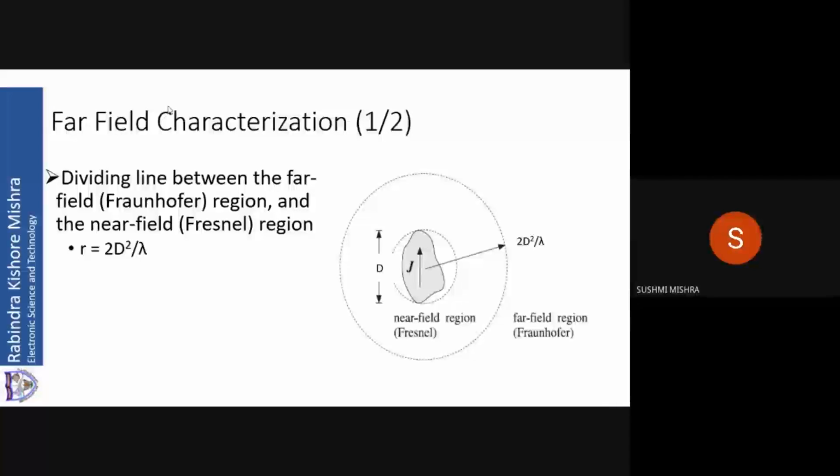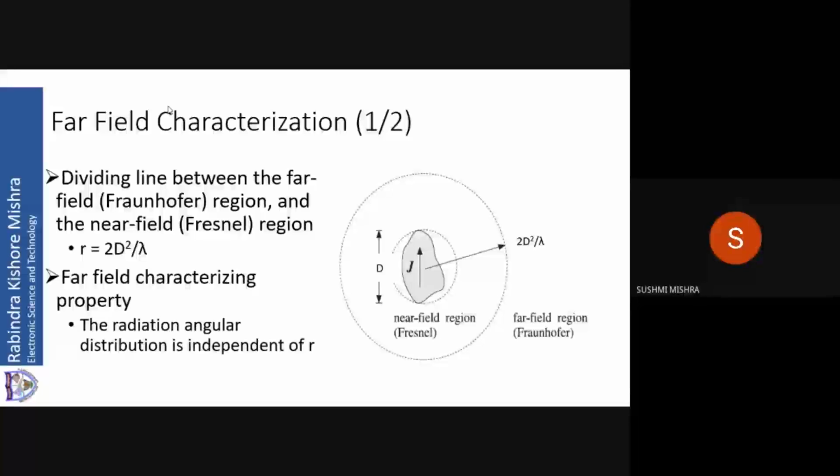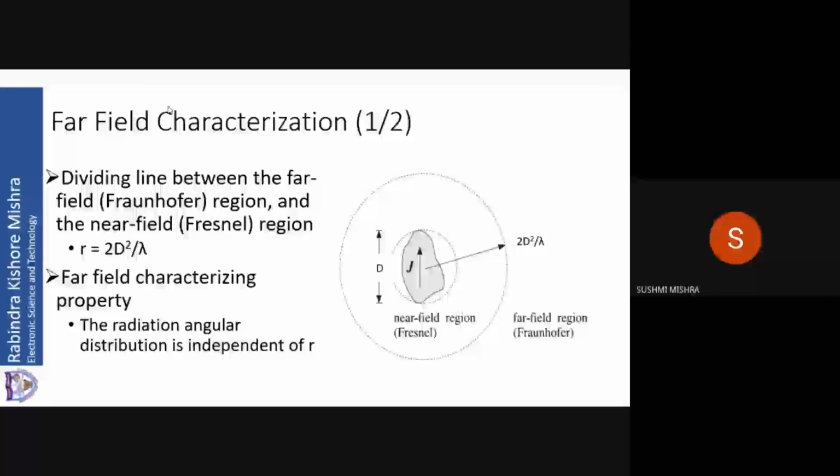Now, what are the properties characterizing the far field? The properties depend on the radiation angular distribution, and the radiation angular distribution is independent of R. Remember this, it is dependent on the angular values theta and phi.